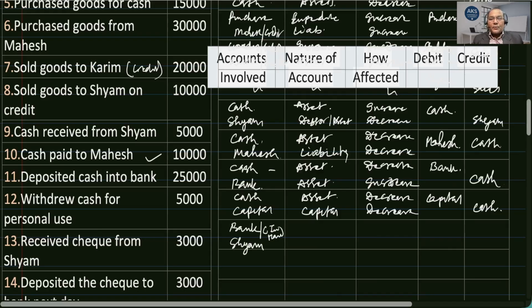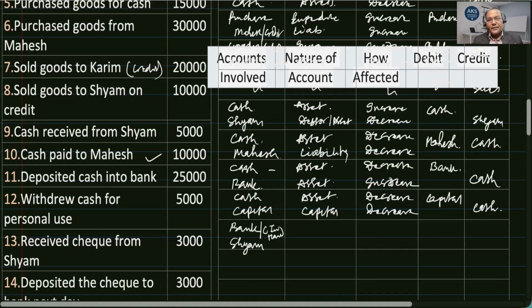If the check is deposited in the bank on the same day, we treat it as bank. If it is kept in the office and deposited the next day, we treat it as check in hand. Here, for received check, there is no mention whether it is deposited in the bank or not.